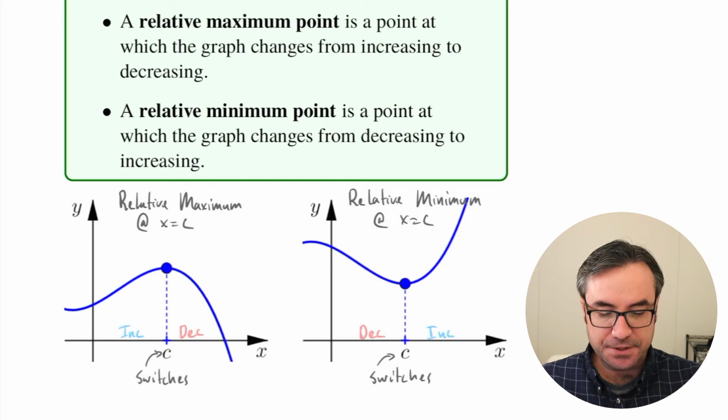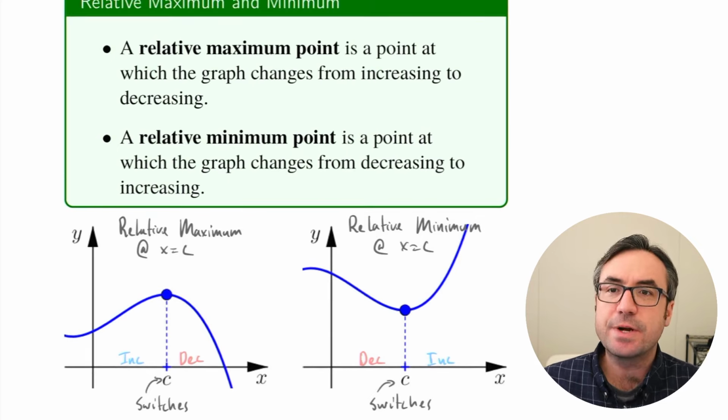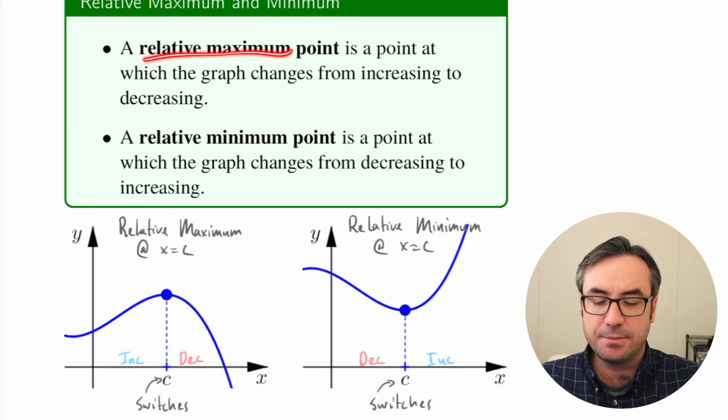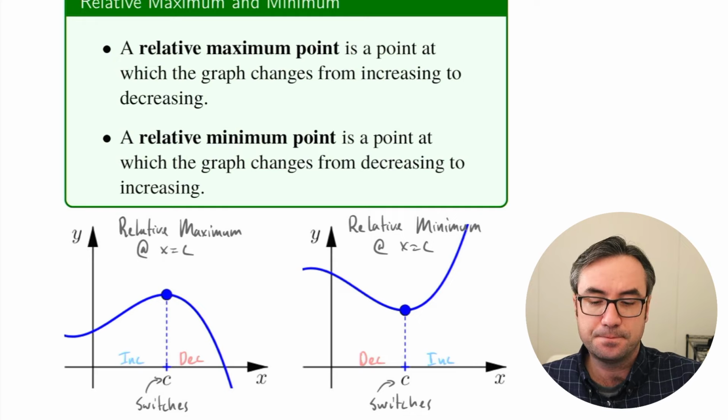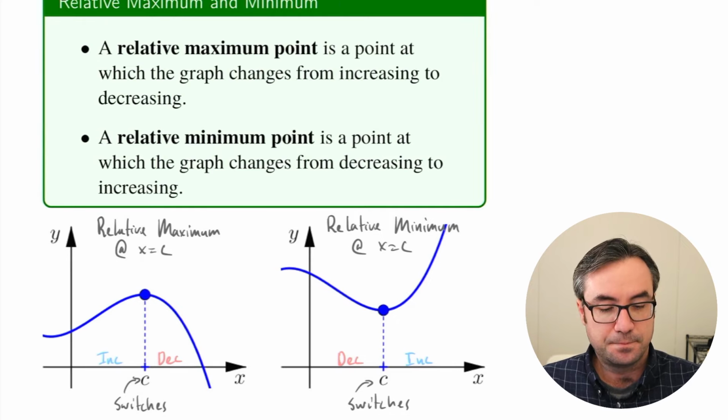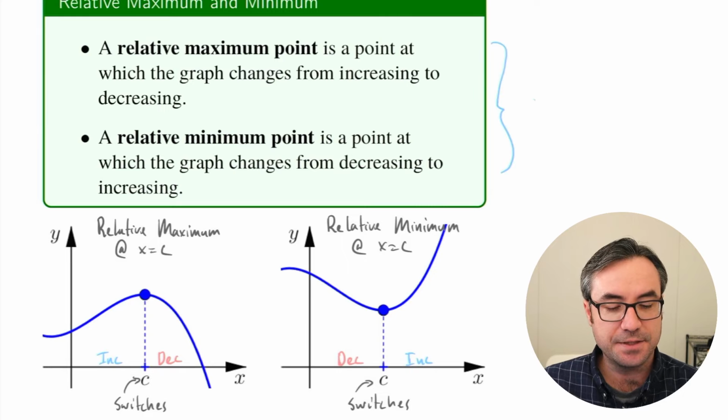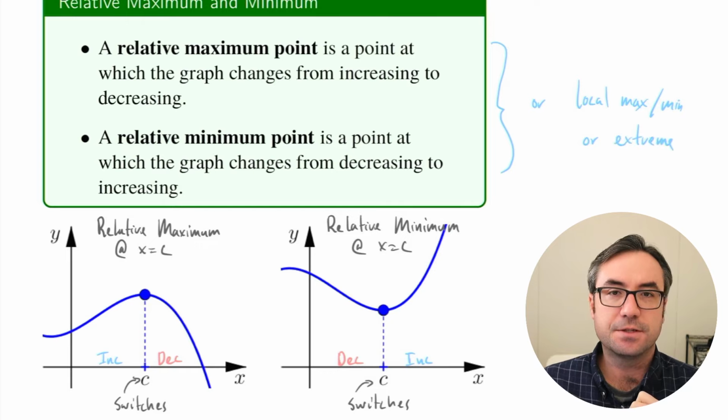We call these two extremes relative maximums or relative minimums. We might also call them local maximums and local minimums. That's just another way to indicate this. I might say local max, local min, or in general, local extreme points.